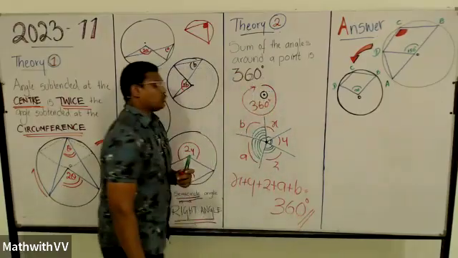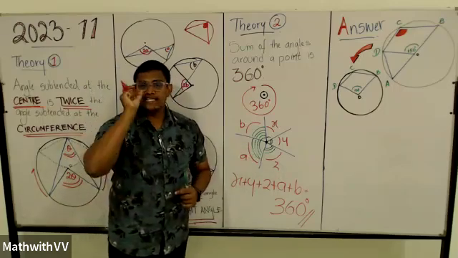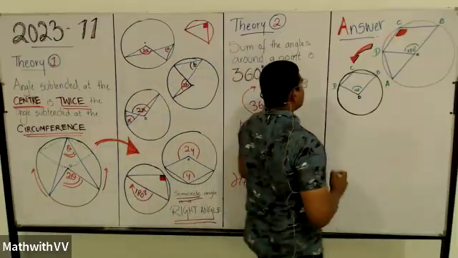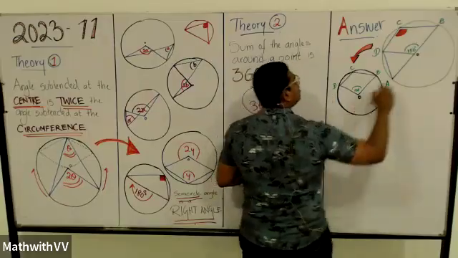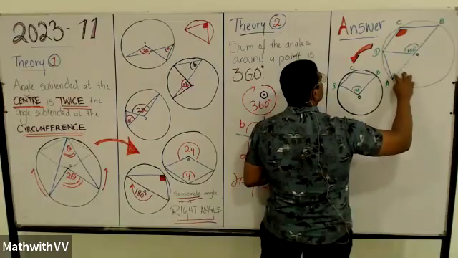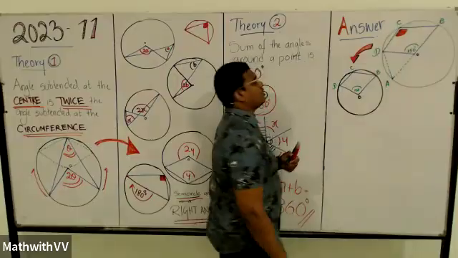Even if it is divided into 1,000 parts, around a point, it's 360. It is fixed. It will not change. Keep that in mind. So in this question, you don't even have to bother about this triangular section. You can easily forget it. We don't need it at all.